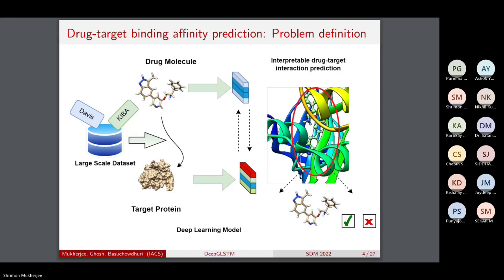The main pipeline is that we first take those large candidates, and the experimental chemist takes those drugs and gets the possible candidates that can be applied to a particular protein. After that, the clinical trials happen, and finally the drug is approved by the FDA for a particular disease.